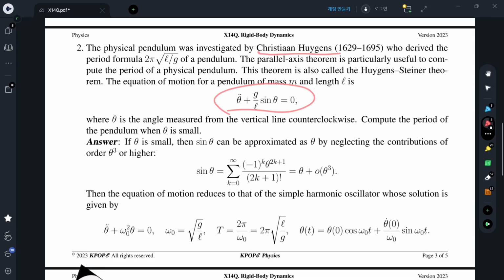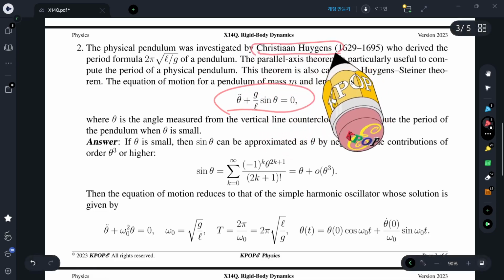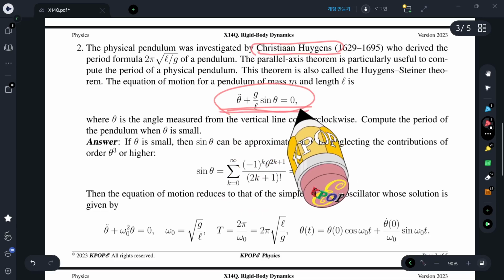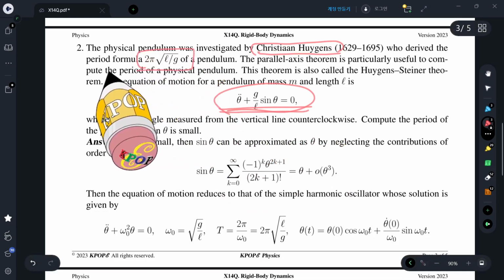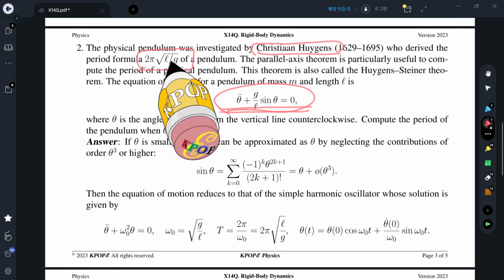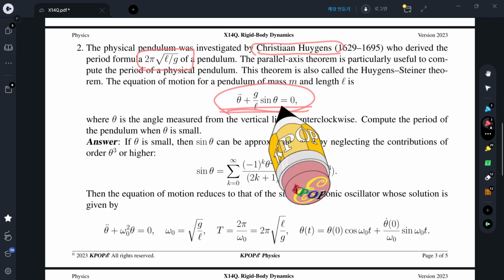That comes from this fact, but that is not exact. Instead, Huygens found this exact equation, and he derived the period formula 2 pi times the square root of the length of the pendulum divided by the gravitational acceleration. Okay, that comes directly from this.